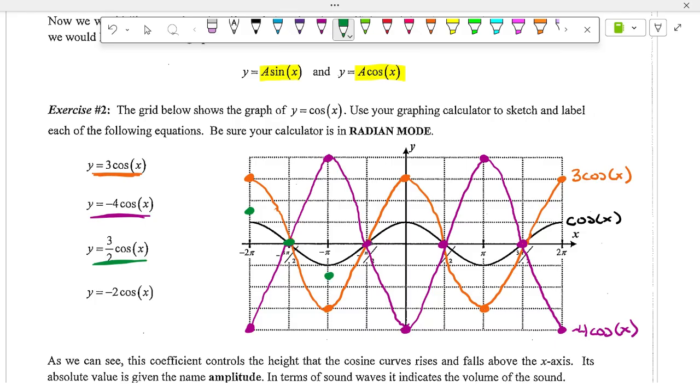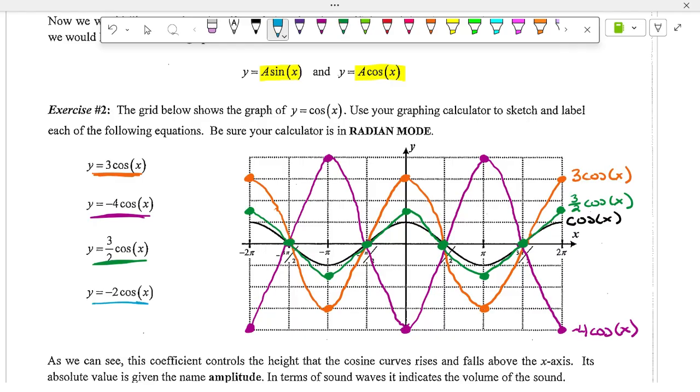Then 0. Then 1.5. Okay. Then good. So that graph looks something like this. So that is 3/2 cosine of x.